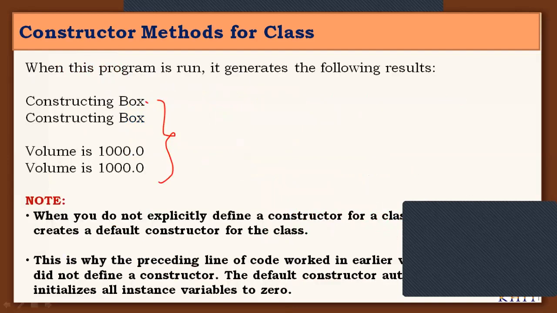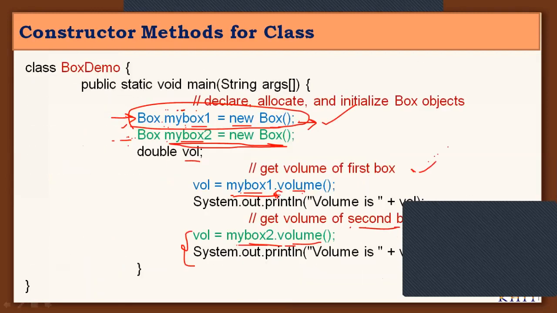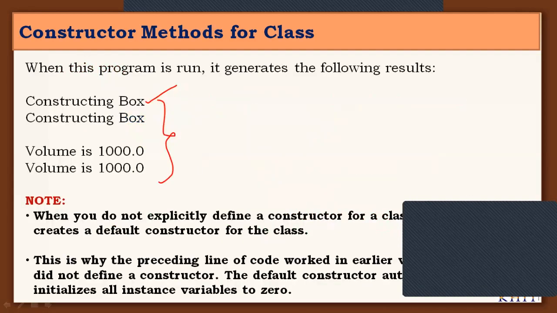That's why the Box constructor is called first and displays the statement. And when coming to the second instruction of this main function, the same Box constructor is called again.